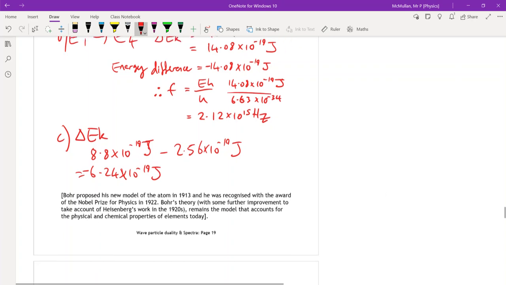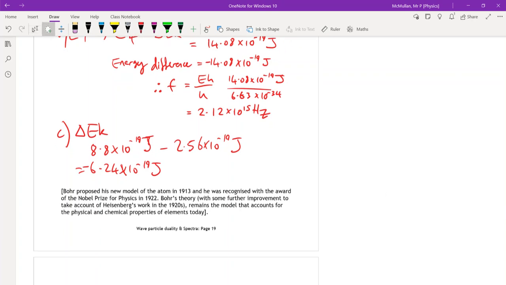We're asked to work out lambda. I'm just going to move this over because the page has run out.